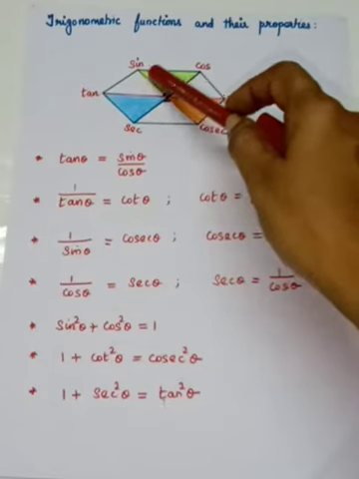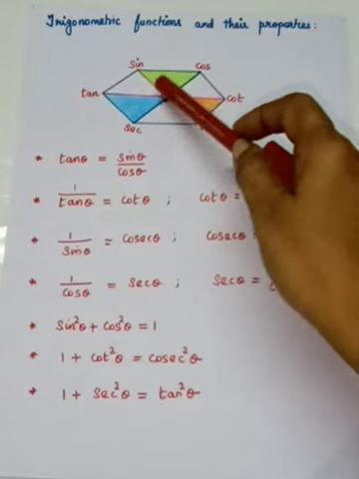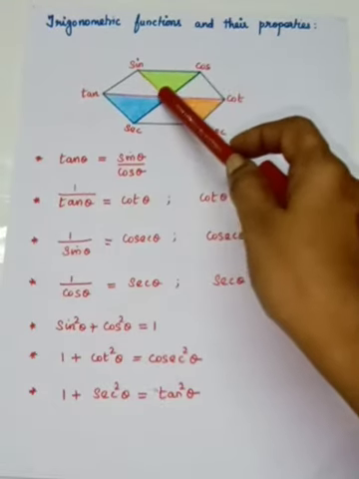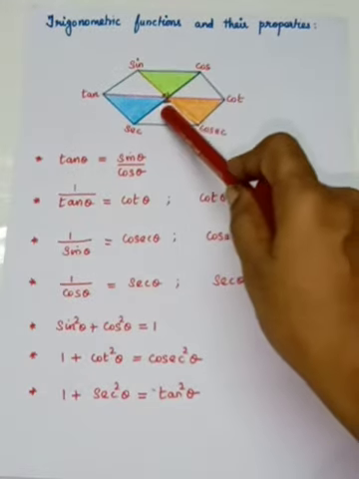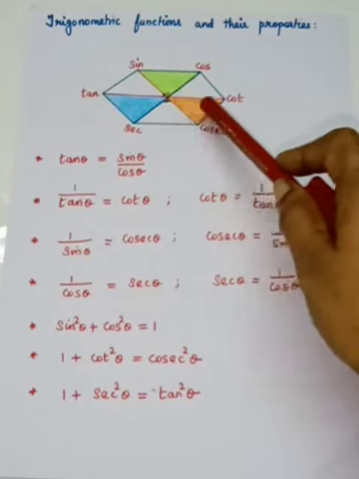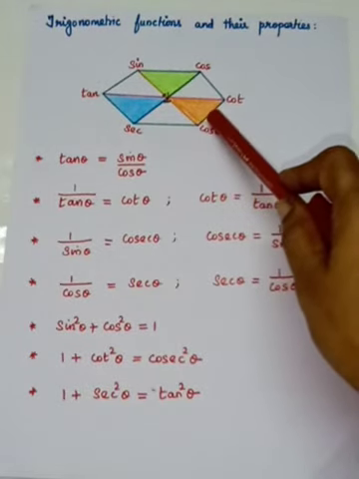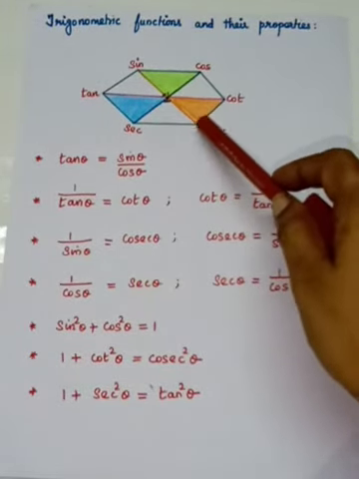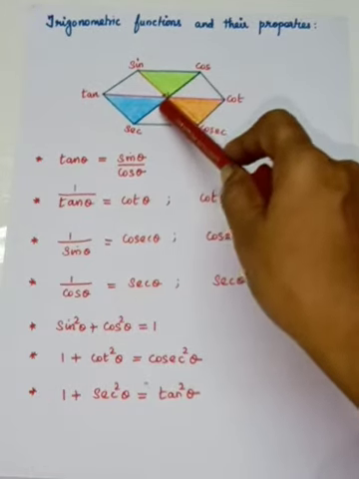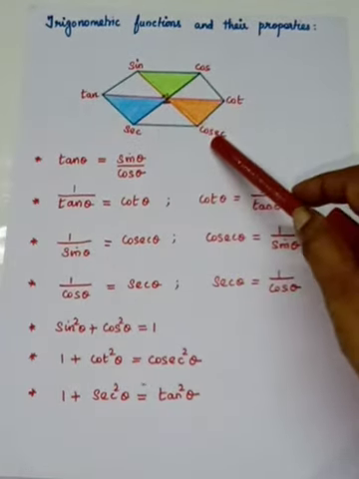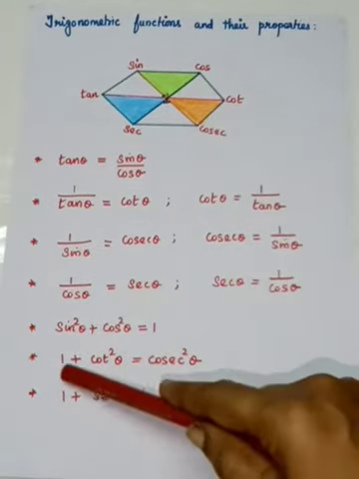So make a clockwise rotation: sine, cos and 1. So sine square theta plus cos square theta is equal to 1. You take this triangle. You have to make a clockwise rotation. So here you are having 1 squared plus cot square theta is equal to cosecant square theta.